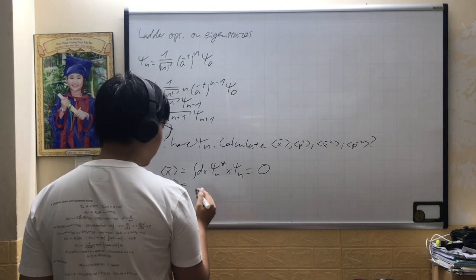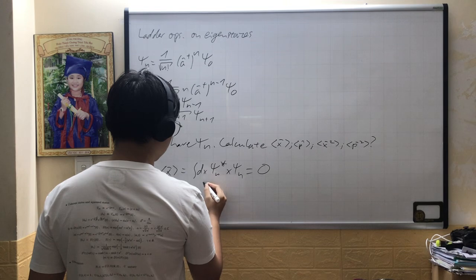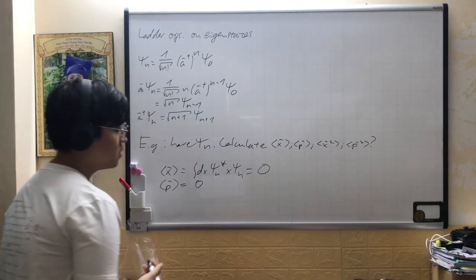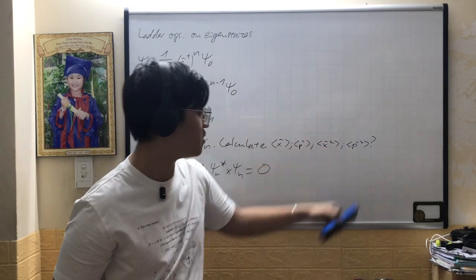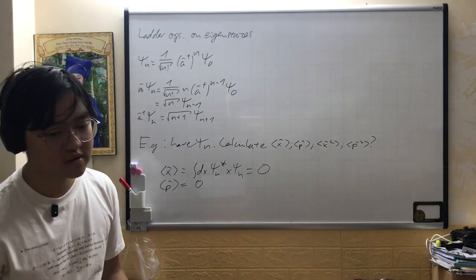This is an eigenstate, so it doesn't have a momentum. Therefore, this guy is also 0. What we want to calculate really here is the x squared and the p squared.